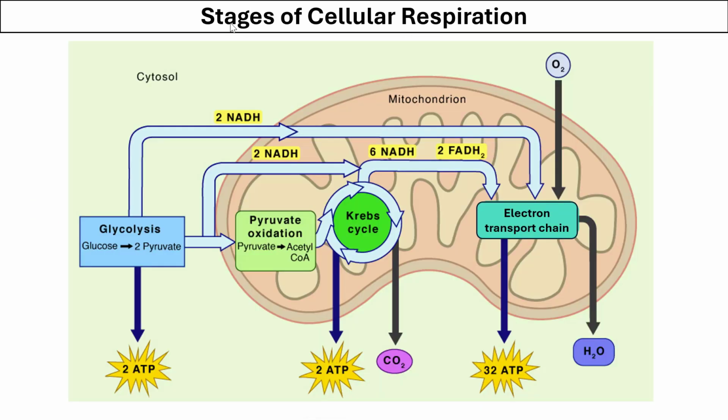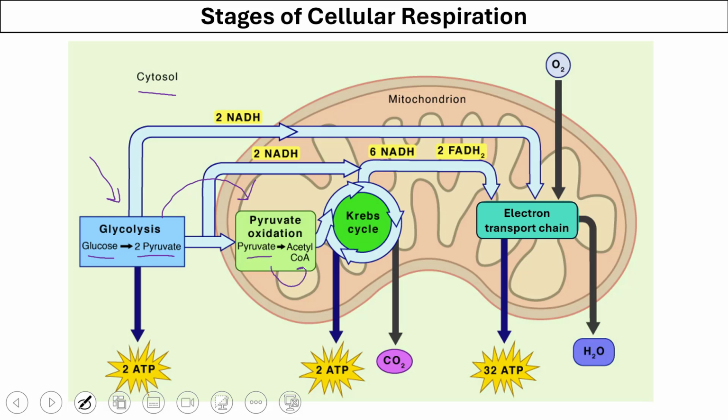Now let's have a quick overview of the steps of cellular respiration. The first step is glycolysis, which occurs in the cytoplasm of a cell. In glycolysis, glucose is broken down into 2 molecules of pyruvate. This pyruvate then enters the mitochondria and undergoes oxidation. Pyruvate forms acetyl-CoA. This acetyl-CoA then enters the Krebs cycle, in which carbon dioxide is released.